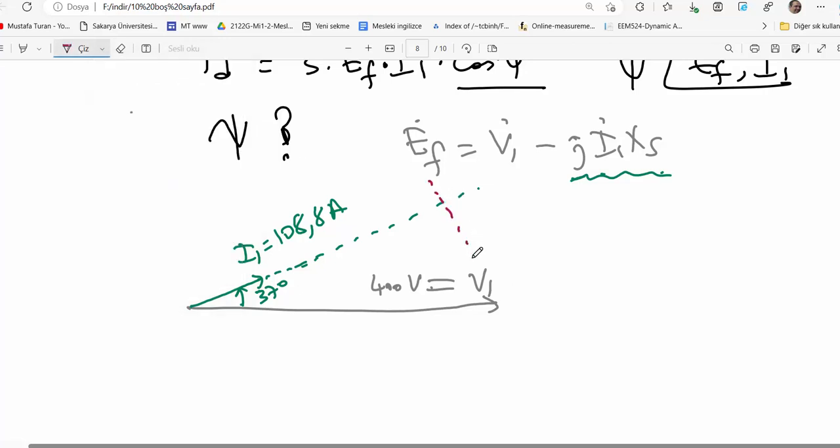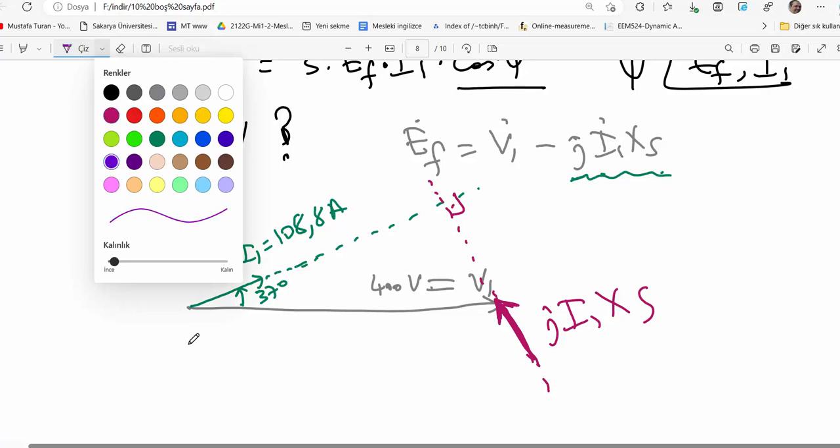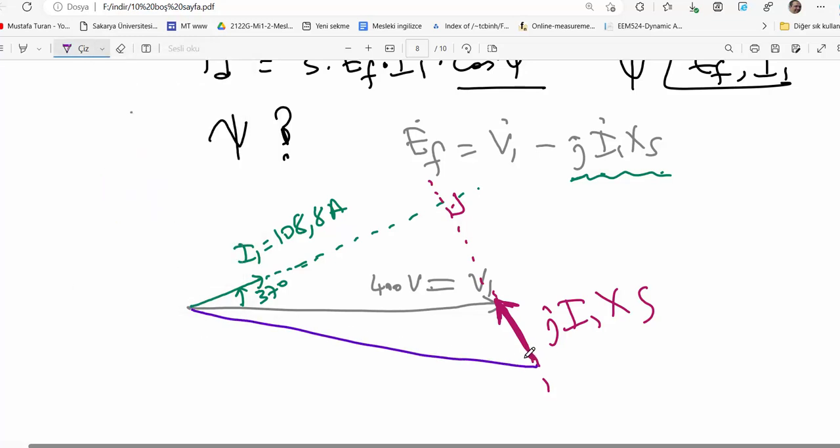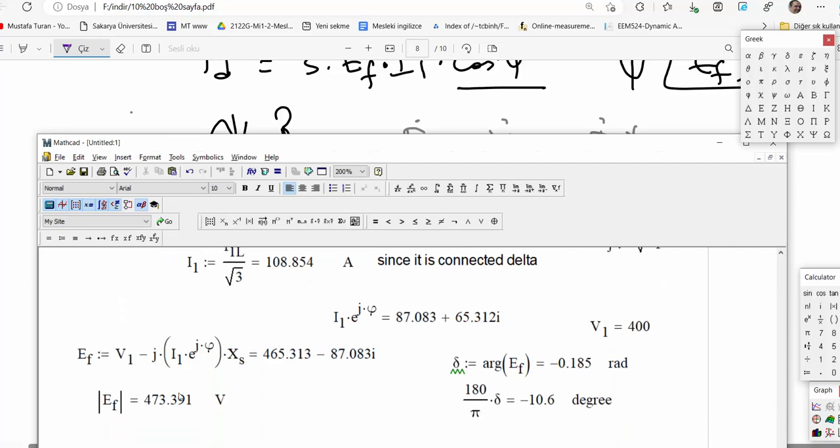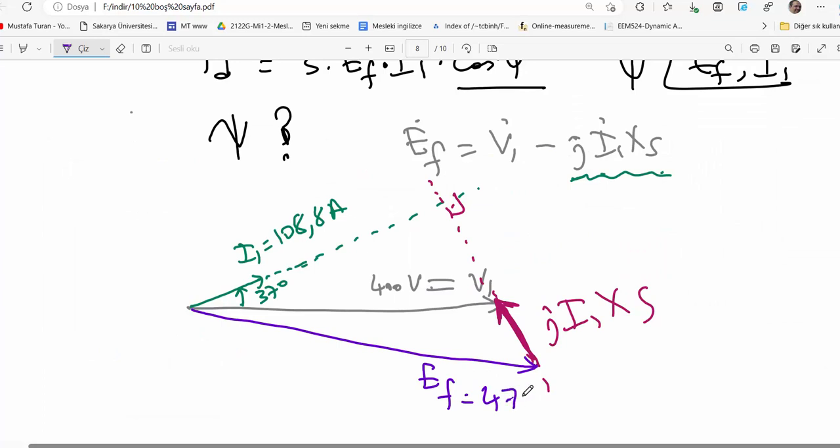That is the perpendicular relation. For the subtraction, you should substitute this guy here, J I1 XS. Finally, you got EF, which is 473. It was, yes, 473 volts.